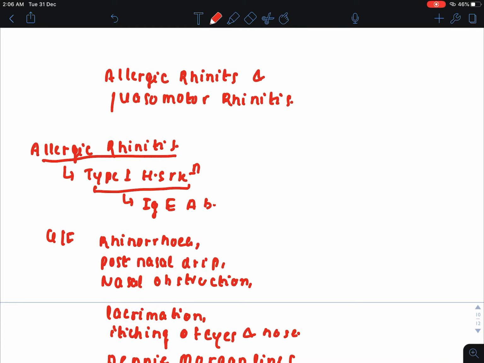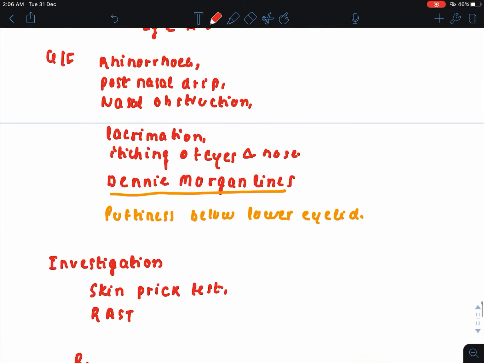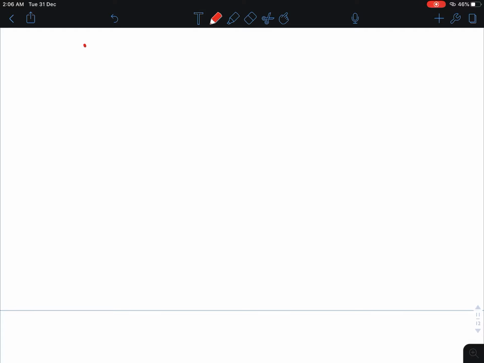Now lastly we will see vasomotor rhinitis. It is also known as non-allergic rhinitis, or intrinsic rhinitis. The symptoms are similar to allergic rhinitis, but it is not allergic rhinitis. Then how can we differentiate it from allergic rhinitis?